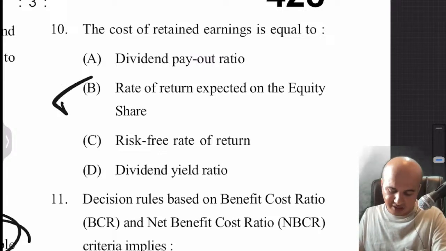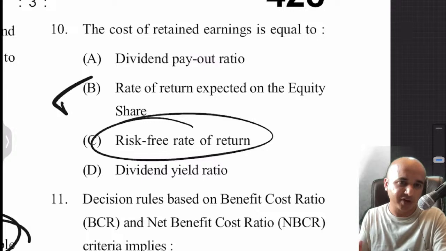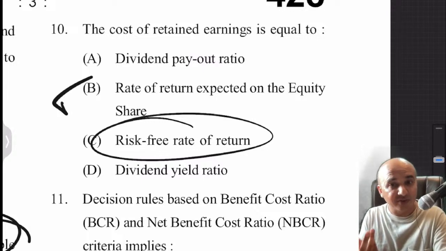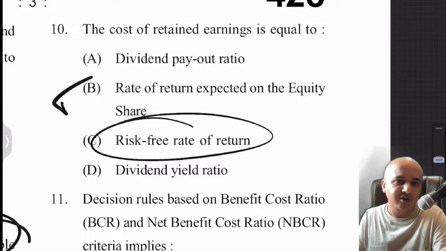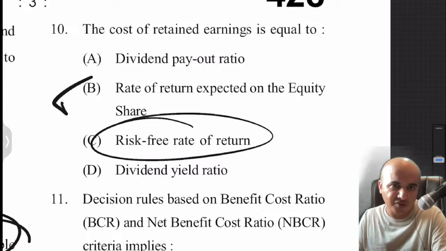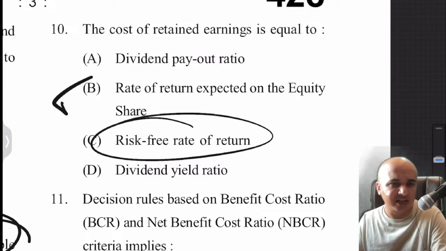This expected return is based on factors such as the company's historical performance, future growth prospects, and overall risk associated with the company's shares. Okay, and obviously this is not option C, that is risk-free rate of return, because it is the rate of return on the investment that is considered to have no risk at all. Like I said earlier, the treasury bills or T-bills or fixed deposit, in such cases there is no question of risk because we know that much we will anyway get.